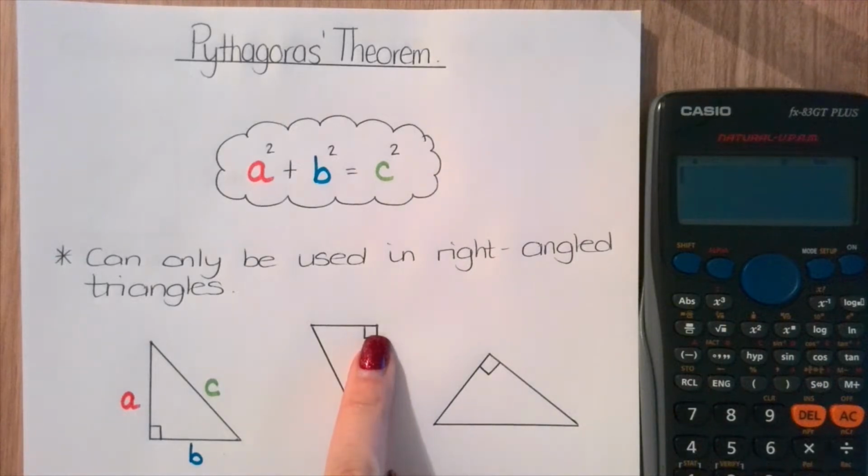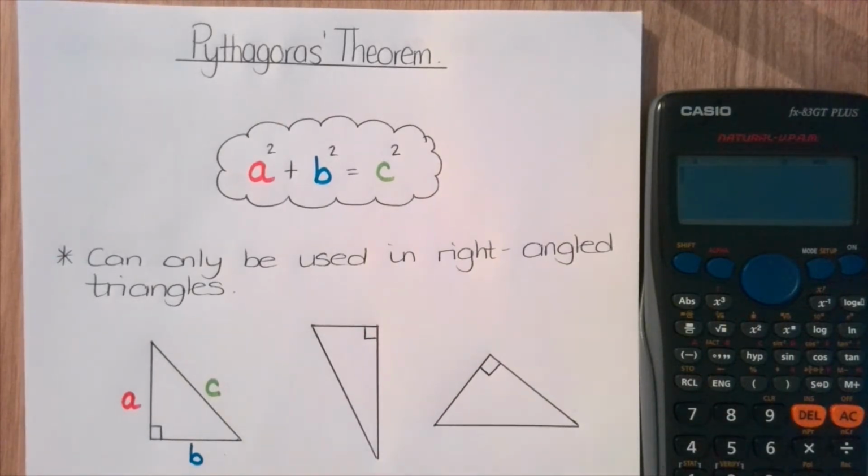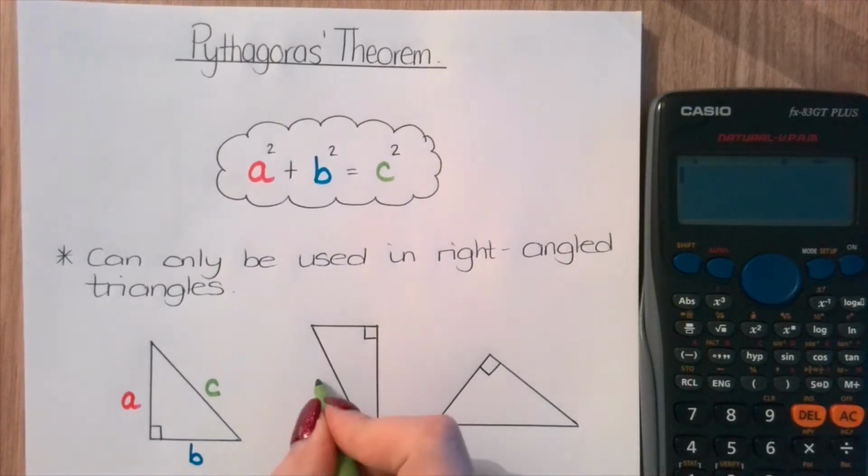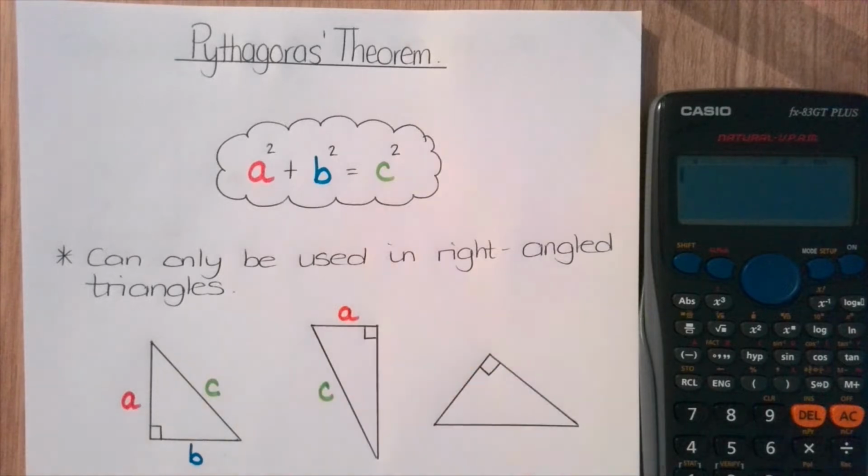Here's my right angle. Therefore that's my side opposite the right angle, the hypotenuse. So I'm going to label that one C, and then I shall label the other two A and B. In this one, here's my right angle, therefore this must be my hypotenuse.